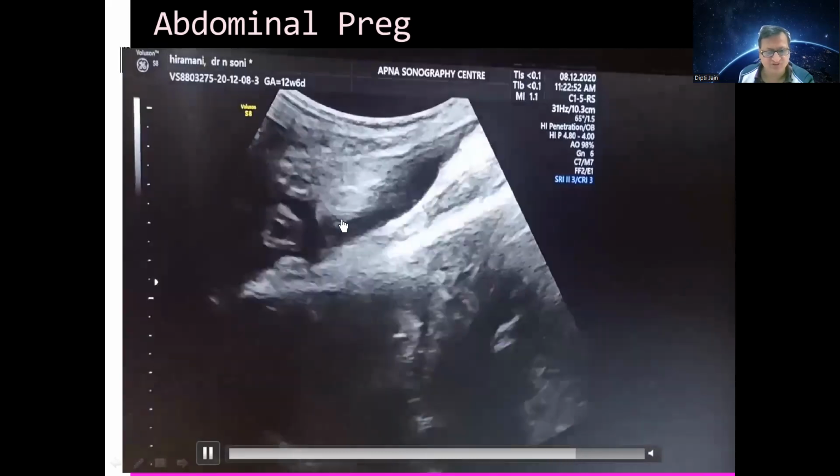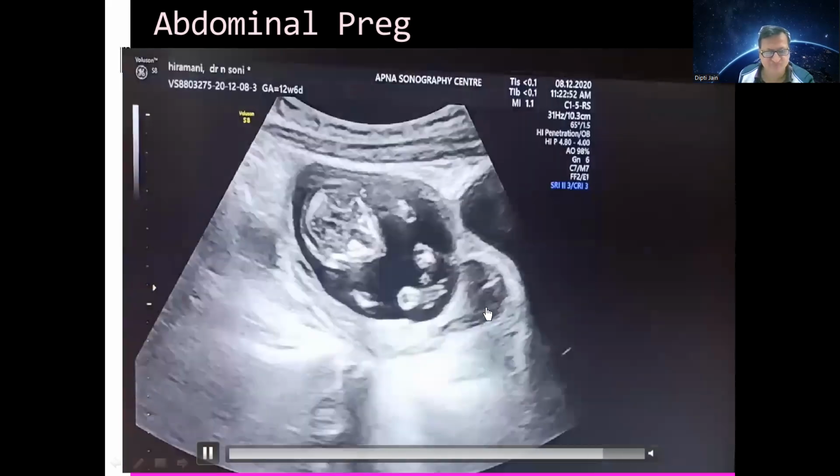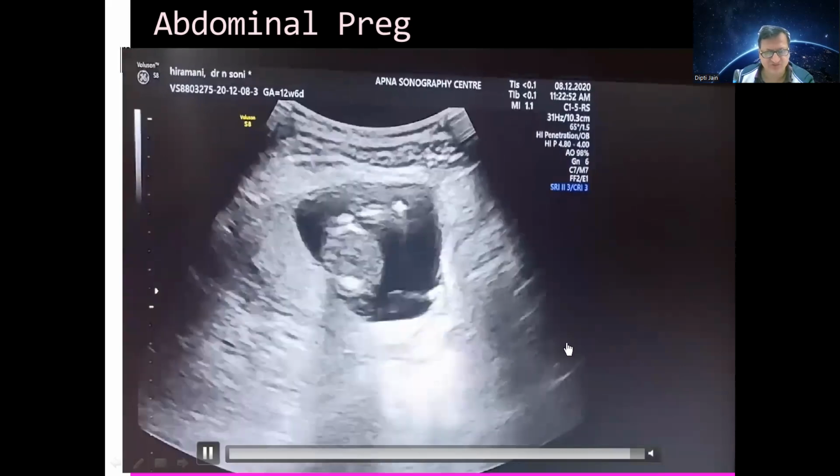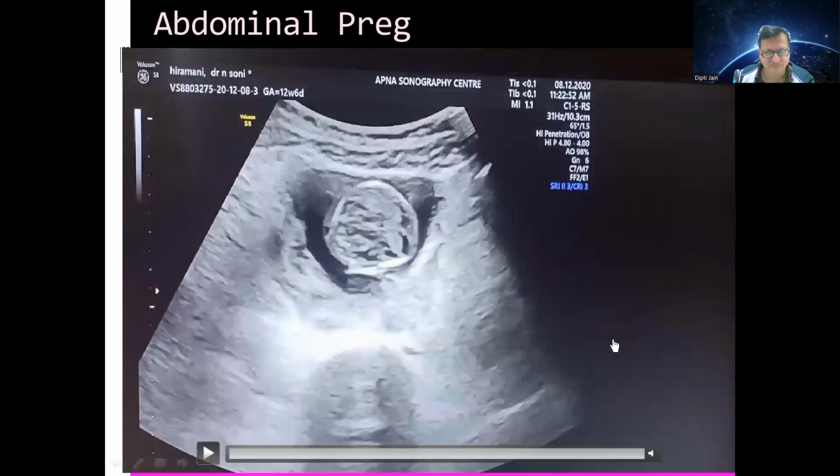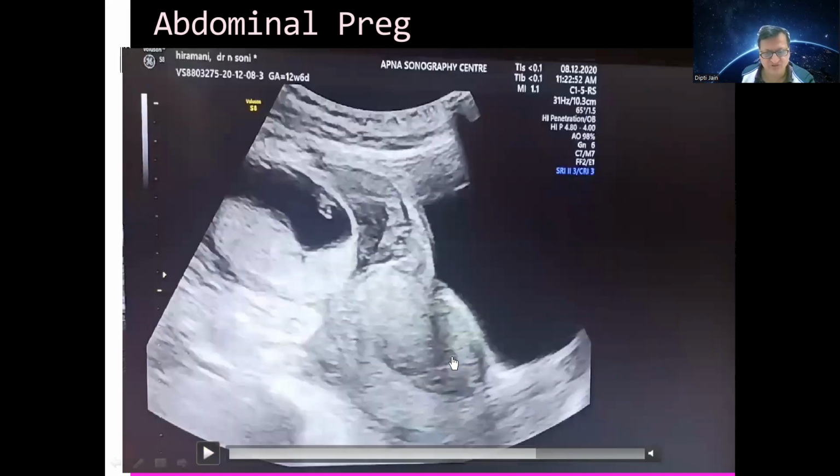Free fluid is there. And this is the uterus, which has no sac inside it.